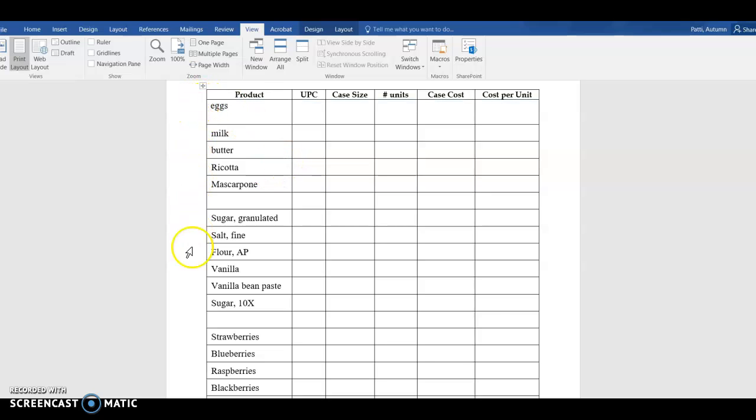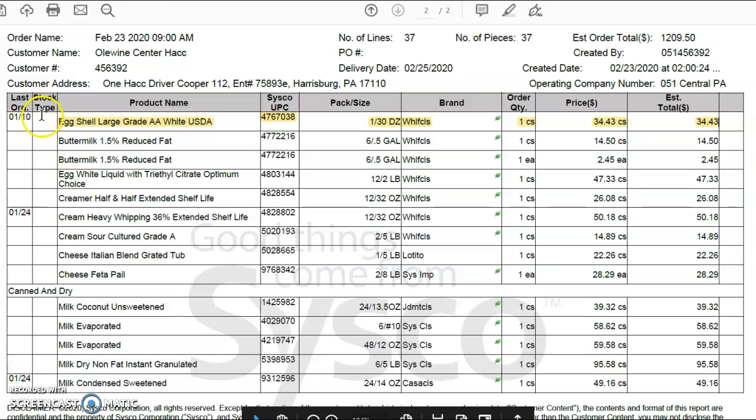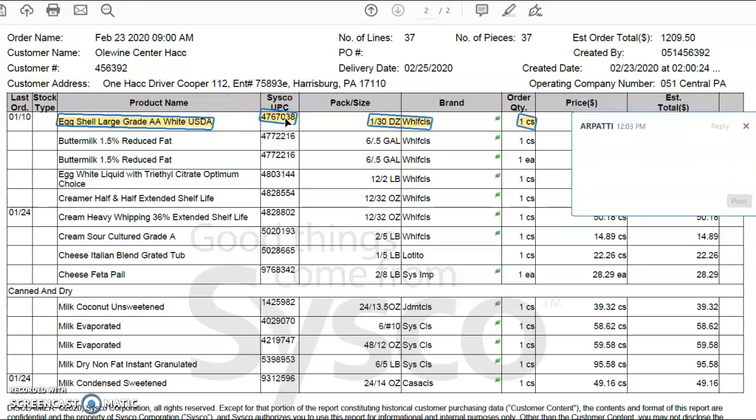Go ahead and include all the information, all those ingredients that you need, and then look them up on your different vendor sheets. Here on the dairy price log, we can see the price and information for eggs, our first item. I can go ahead and click on this and copy this information here, this UPC number, to my sheet.